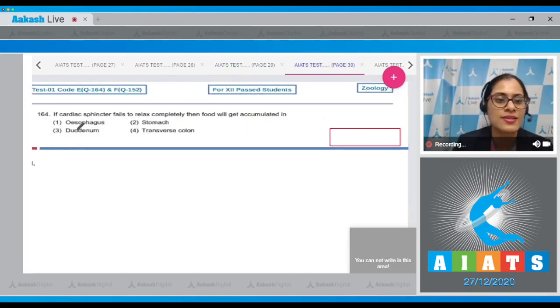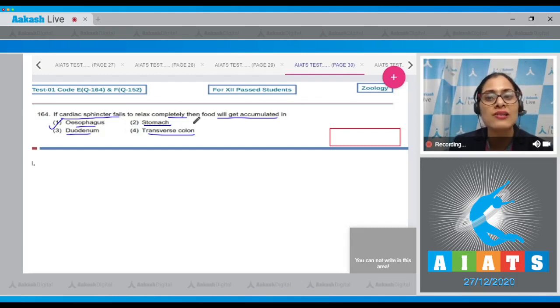Question number 164. If cardiac sphincter fails to relax completely, then food will get accumulated in. And the options are esophagus, stomach, duodenum, transverse colon. And the correct answer to this question is option number 1, esophagus. Because cardiac sphincter, also known as gastroesophageal sphincter, controls the passage of food into the stomach.